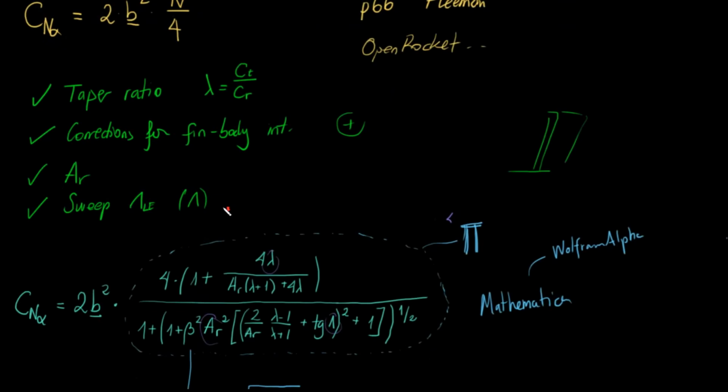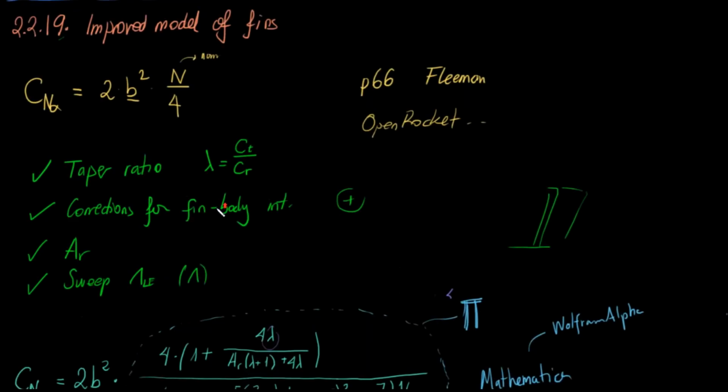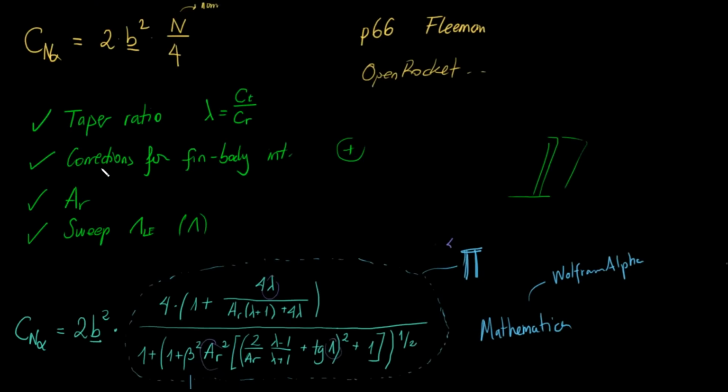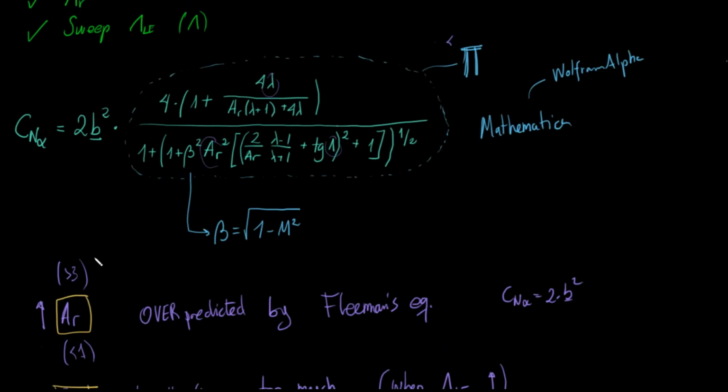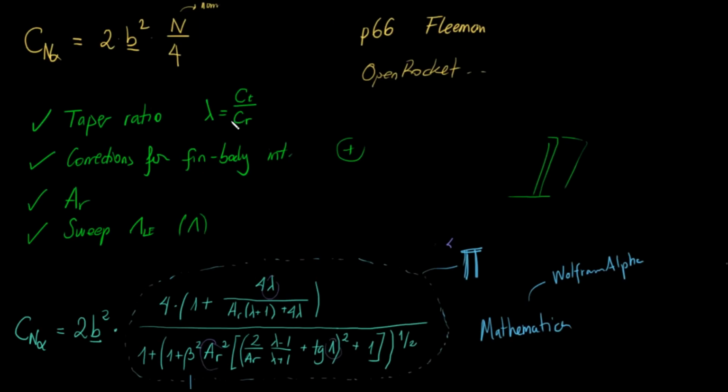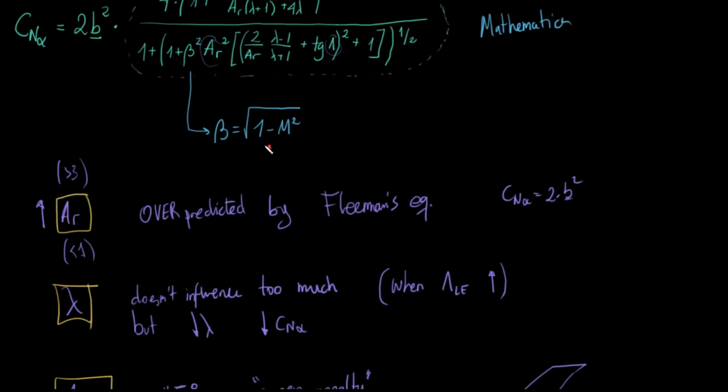The one that has the most influence on the correction factor is definitely the aspect ratio. It can change a lot if we have a large aspect ratio or a short one. The other 2 factors: sweep at large angles is going to make it lift lower, and the taper ratio, not too much, but it also does.